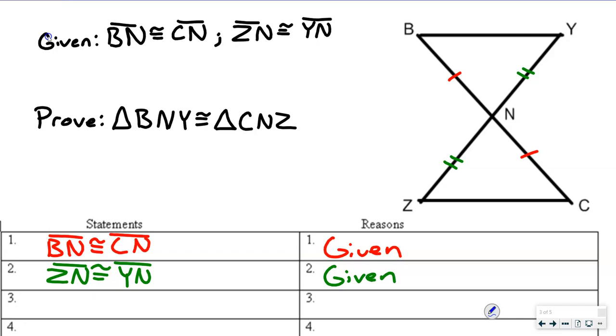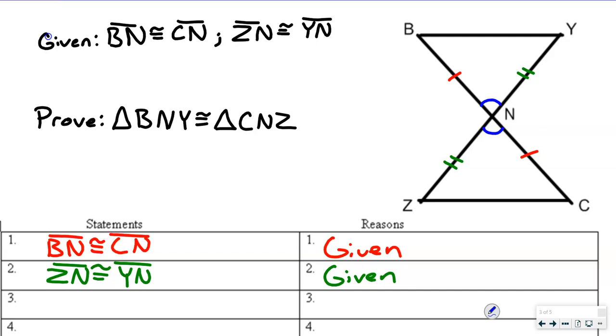And then we got to come up with something else here. So I don't see any way to show that BY and ZC are congruent, so we're not going to be using side, side, side. But we do have some vertical angles here. So since those angles are vertical, those angles are congruent. So we need to name those angles, and we'll have to use 3 letters. Since both angles share that vertex of N, we've got to be specific about which angle we're talking about.